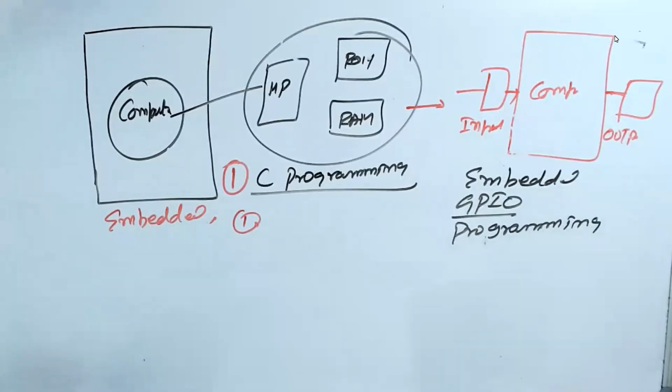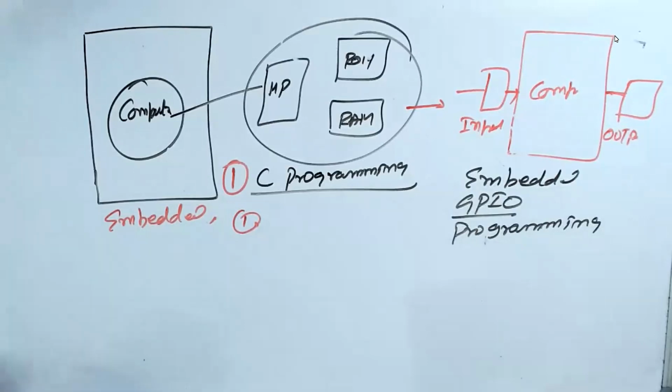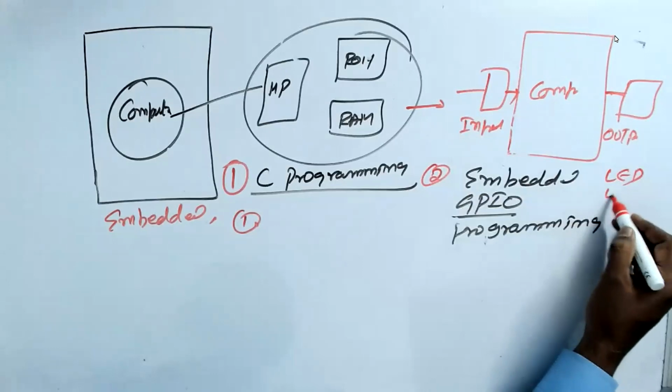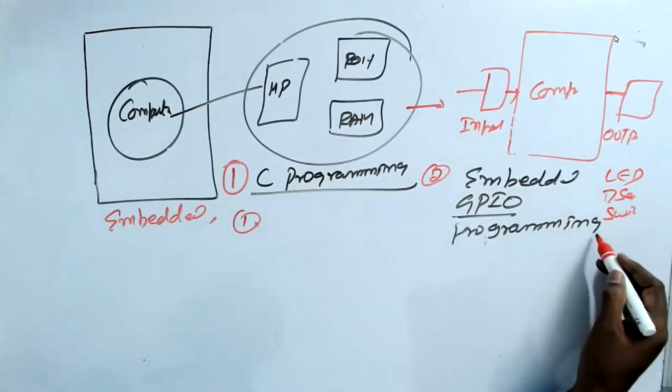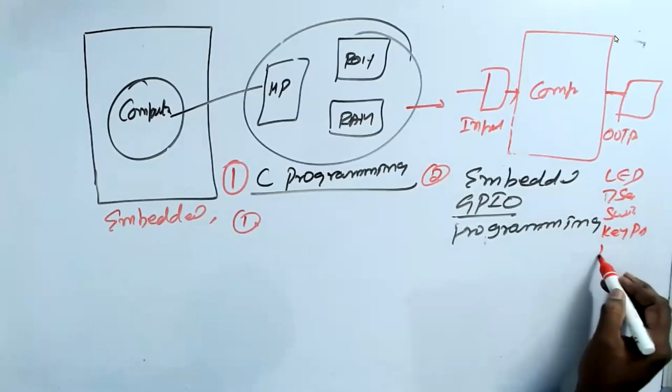GPIO programming is the second stage. Please understand, this is what we practice: LED, 7-segment, switch, keypad, dot matrix.